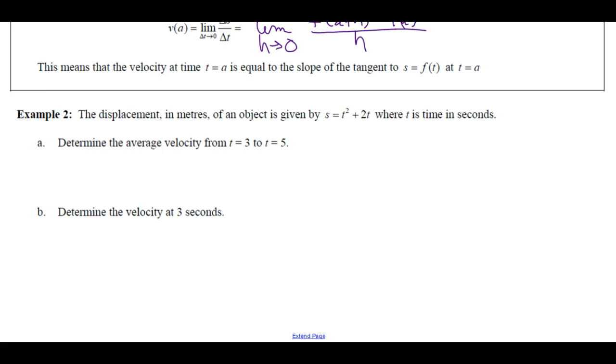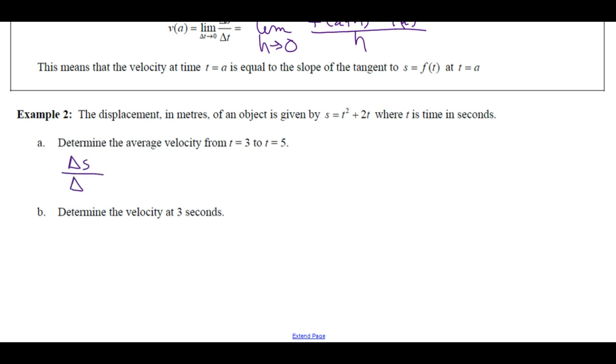Okay, the displacement in meters of an object is given by s equals t squared plus 2t, where t is the time in seconds. Determine the average velocity from time 3 to time 5. So what are we going to start with?